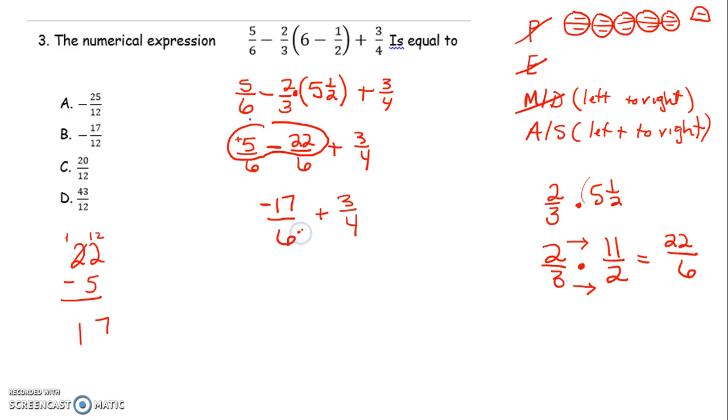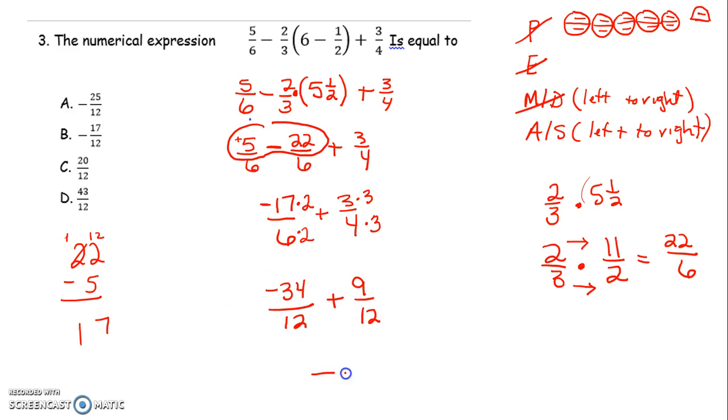So I would multiply the 6 by 2 to become 12, which means I have to multiply the negative 17 by 2. I'd multiply the 4 by 3 to become 12, which means I'd have to multiply the 3 by 3. Negative 17 times 2 is negative 34/12 plus 3 times 3, that gets me 9/12.